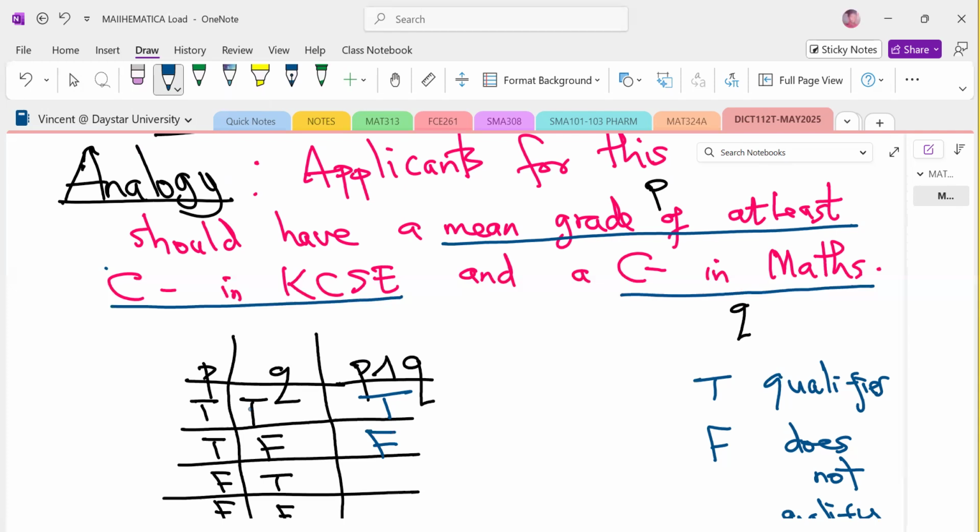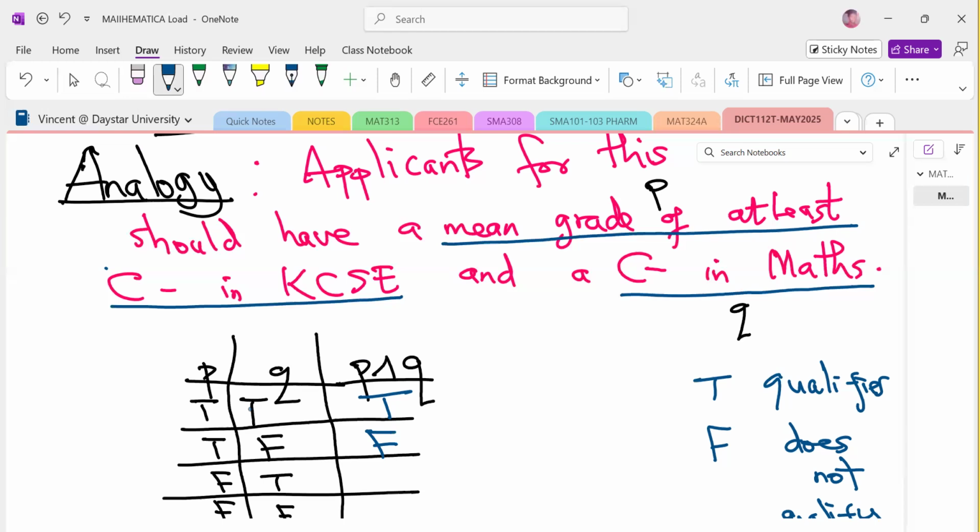Then the third line with respect to this analogy will mean, correct, the student did not get a mean grade of C minus in KCSE, but the student has a C minus in math. Do they qualify? They still don't qualify according to the instruction given for the application.